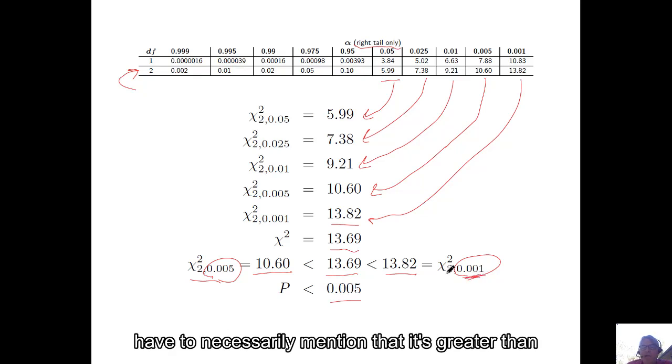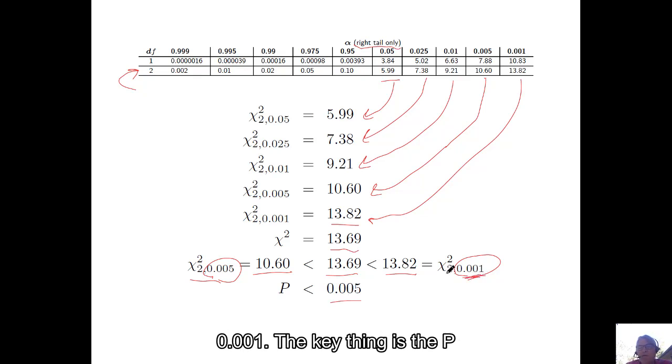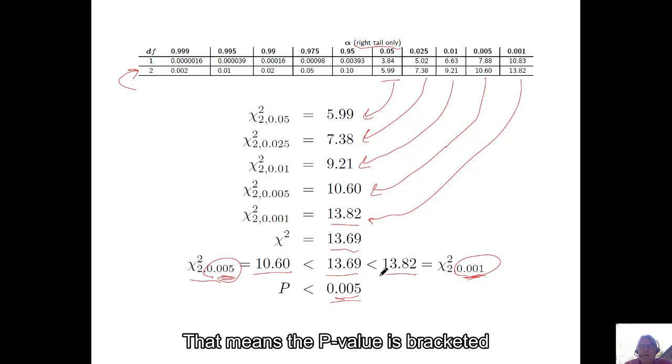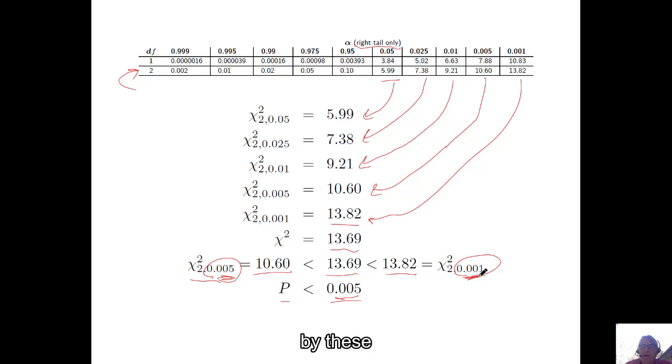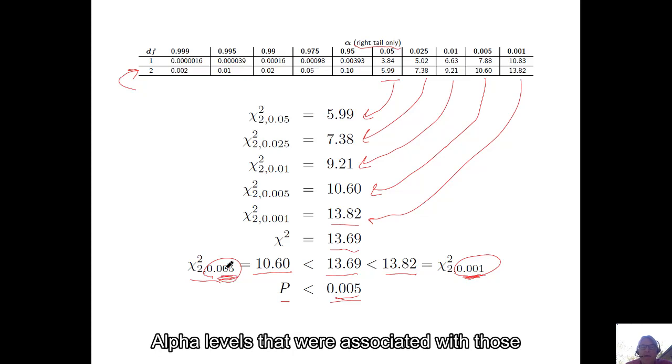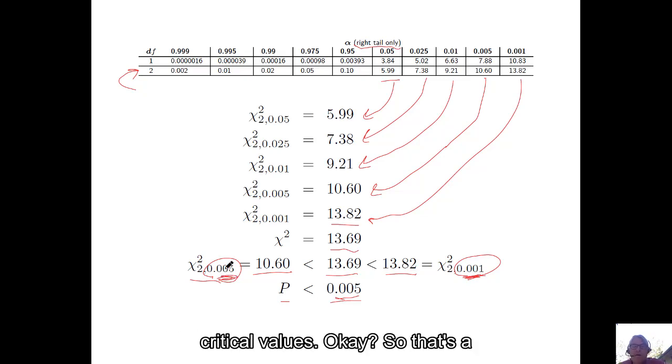So we don't even have to necessarily mention that it's greater than 0.001. The key thing is the p-value is less than 0.005. Okay, so we've bracketed the test statistic with 2 critical values. That means the p-value is bracketed by these alpha levels that were associated with those critical values. Okay, so that's a tiny p-value.